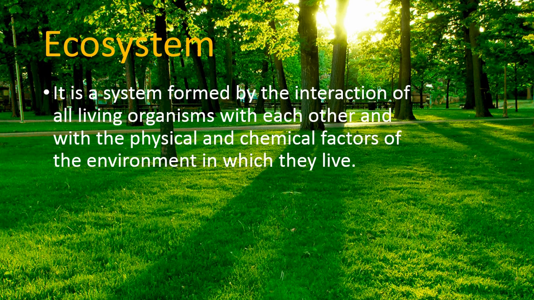Animals also provide carbon dioxide, which is used by the plants. Plants provide oxygen, which is used by animals and human beings. So all are interrelating and interdepending in the environment, and they are fulfilling the needs of each other. So this is called ecosystem.